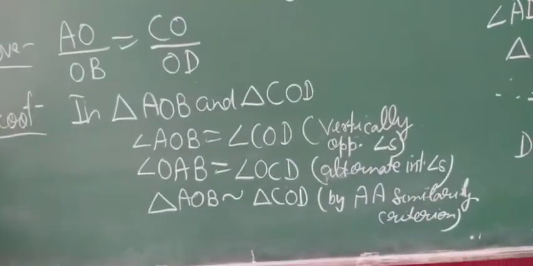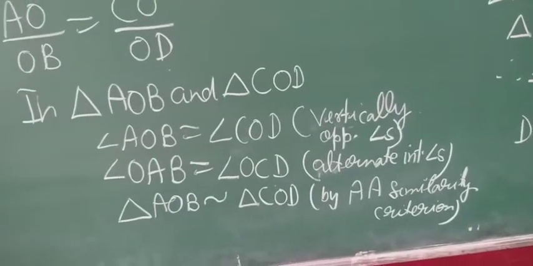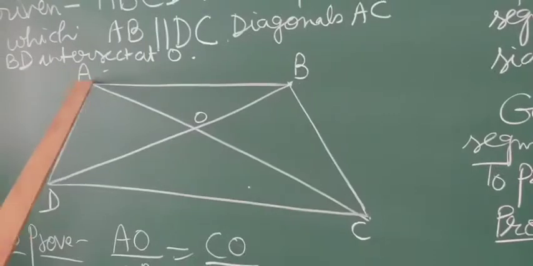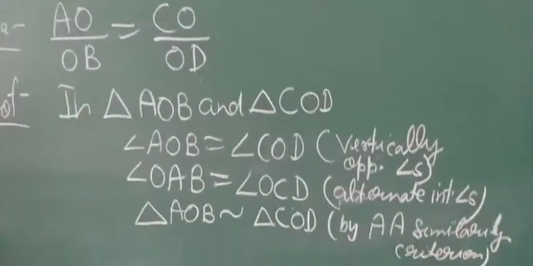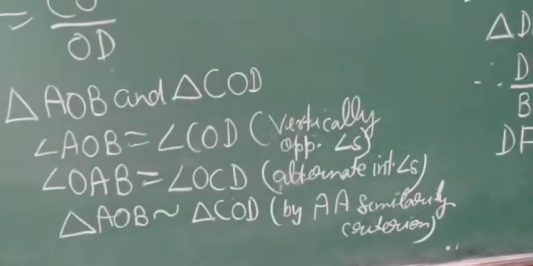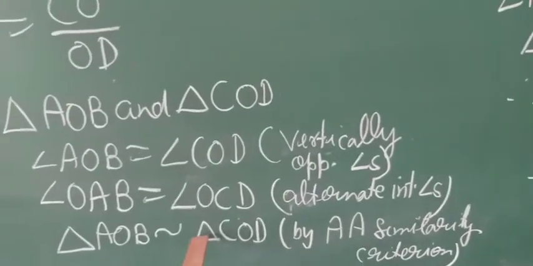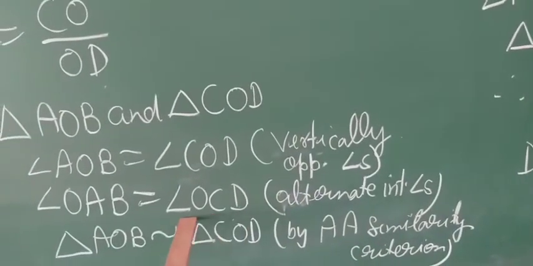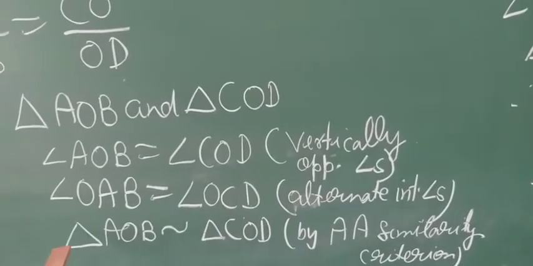Okay students, then two angles are equal, so we can say the triangles are similar. Triangle AOB is similar to triangle COD. Students, when you write that triangles are similar, you have to remember that the name of the second triangle should be written properly according to the first triangle's name.